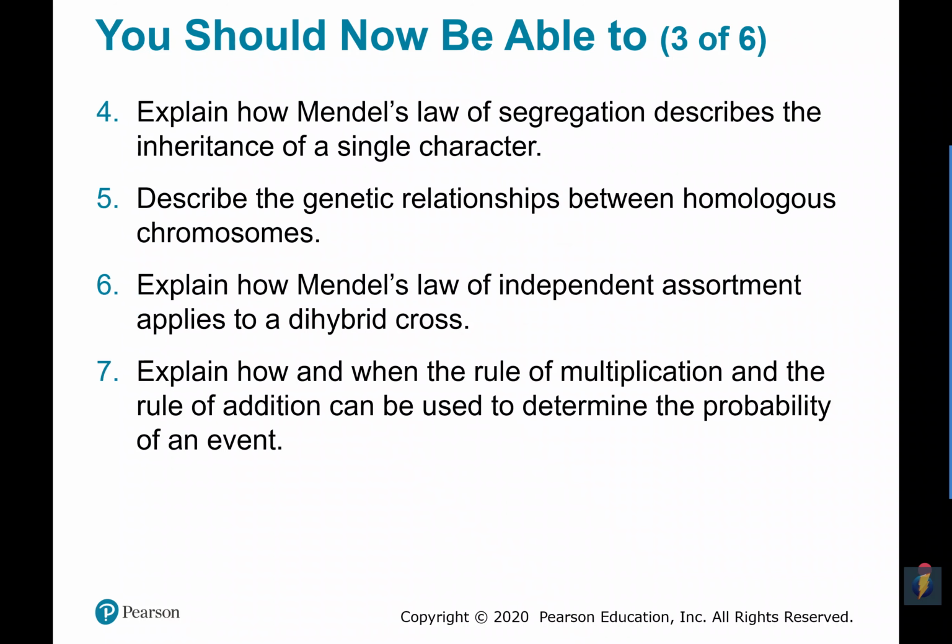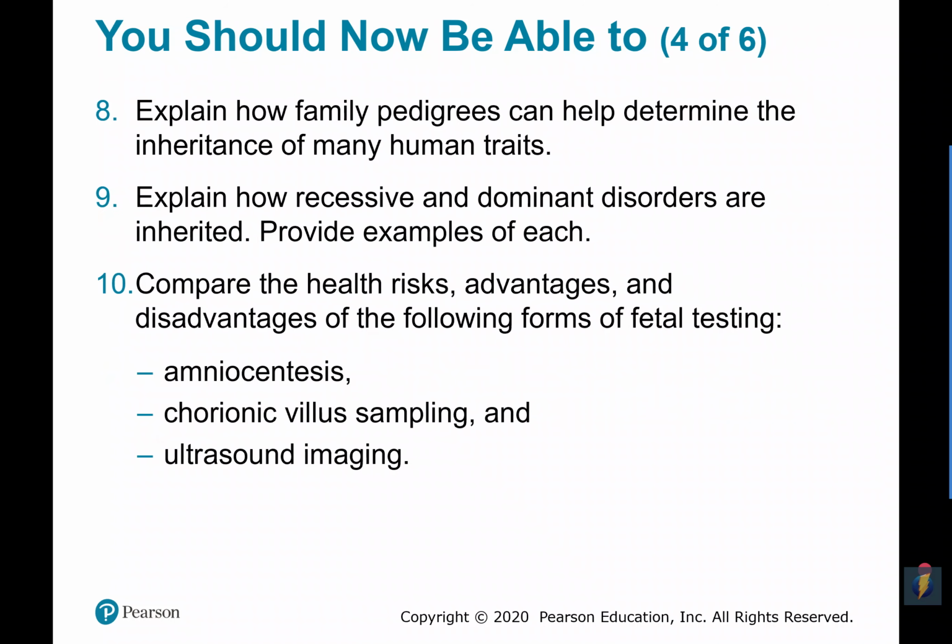You should be able to explain the law of segregation, the genetic relationship between the homologous chromosomes, how Mendel's law of independent assortment applies to dihybrid cross situations when we're looking at two traits, the probability of an event when we do a Punnett square, and how we use pedigrees and family trees to look at human traits, recessive and dominant disorders.